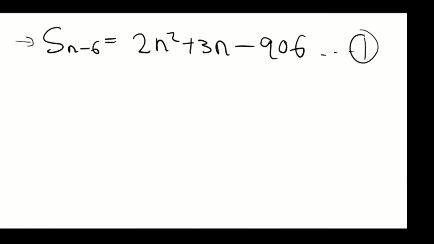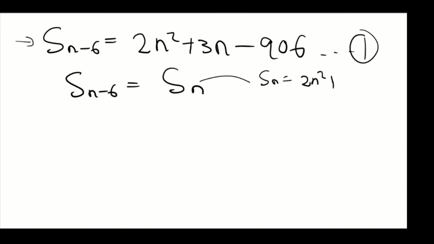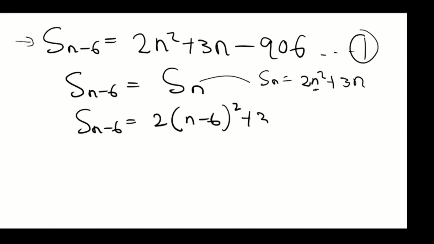So what we want to do is say the sum of n minus 6 is equal to, we substitute that in our sum, which you remember very well was equal to 2n squared plus 3n. So the sum of n minus 6 is equal to 2 into n minus 6 squared plus 3 into n minus 6.